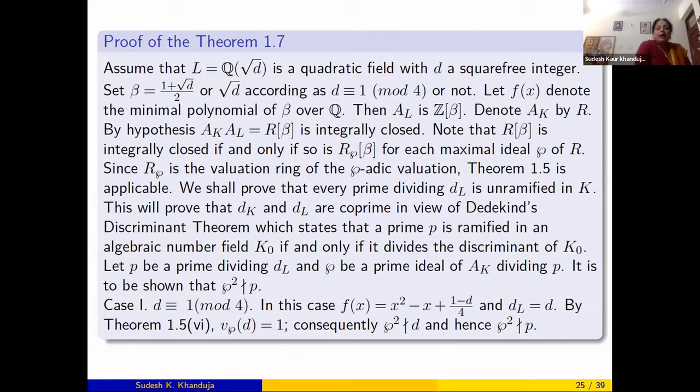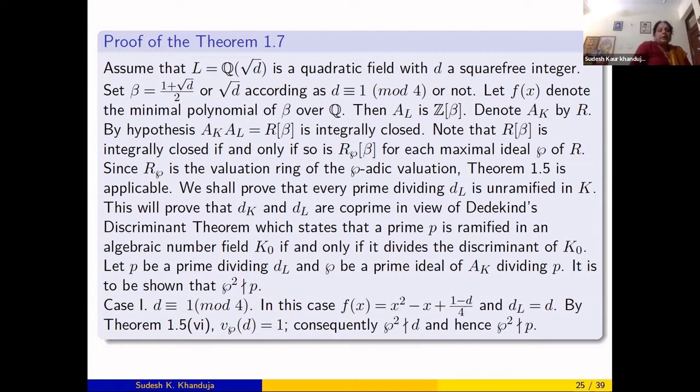Since R_p is the valuation ring of the discrete valuation of the quotient field of R, theorem 1.7 becomes applicable.